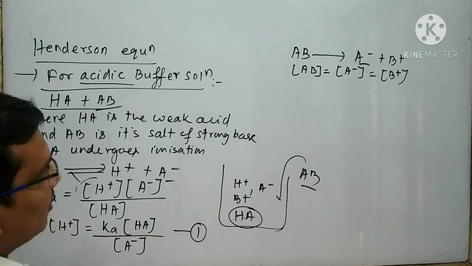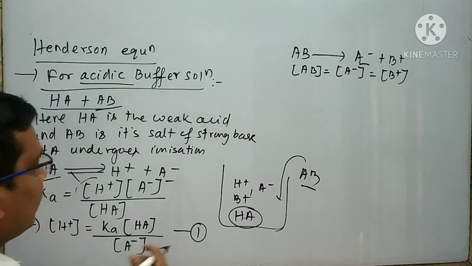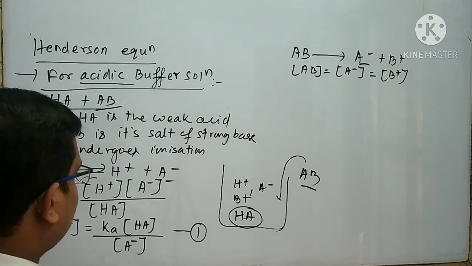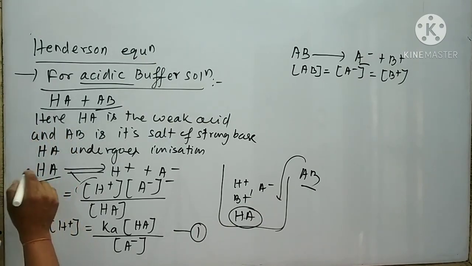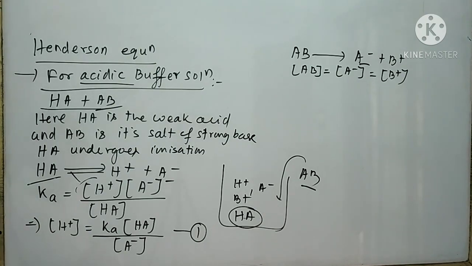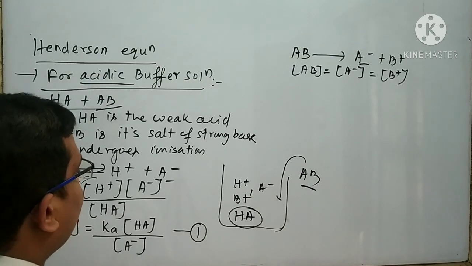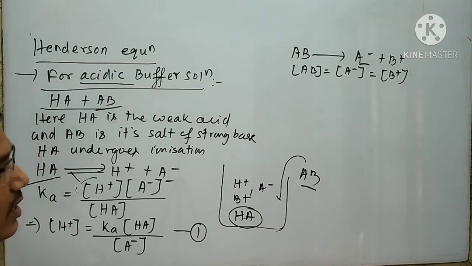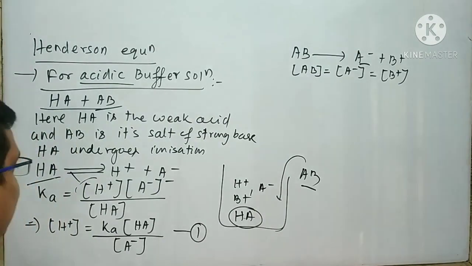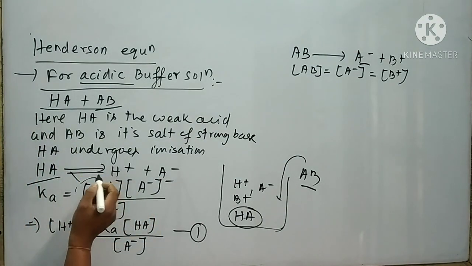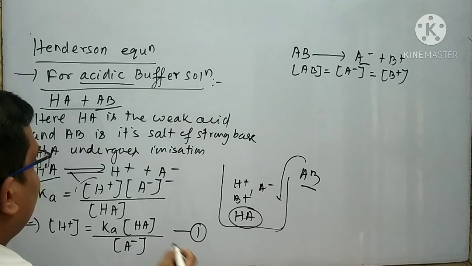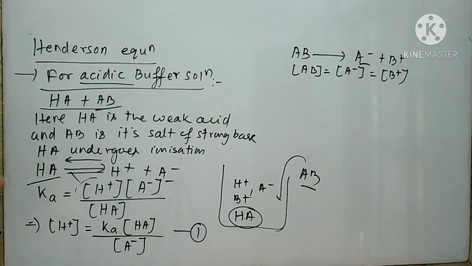After the addition of AB salt, due to the increase of the A minus ion concentration, the dissociation of HA is further suppressed, due to the increase in the concentration of the product. According to the Le Chatelier principle, if the concentration of the product increases, then the direction of equilibrium shifts in the backward direction.